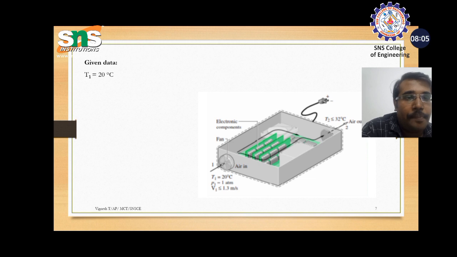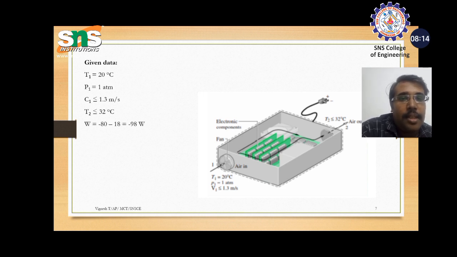which meets the conditions, like it should control the temperature as well as the noise. So write down the temperature, pressure, velocity cannot exceed 1.3 meter per second, and temperature cannot exceed 32 degrees centigrade, and work done will be 80 and 18 watt of work given to that electronic computer. So minus 80 minus 18, that is 98 watt of power we need to give in order to cool the laptop.